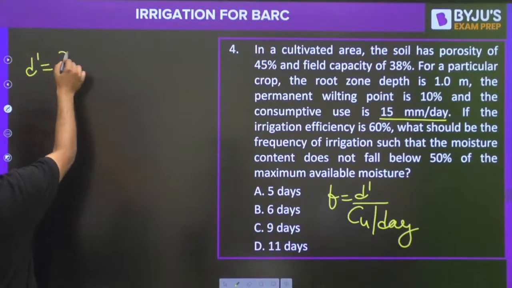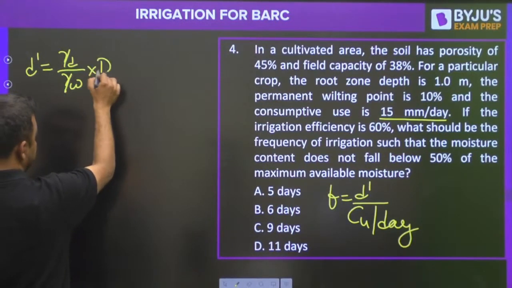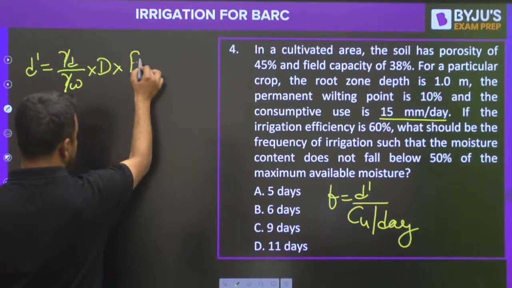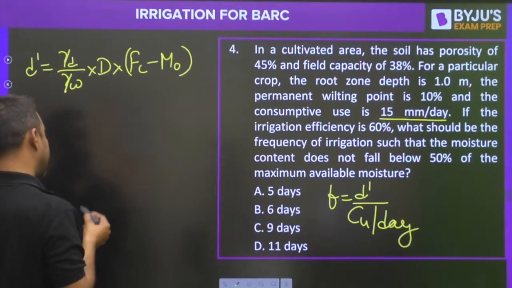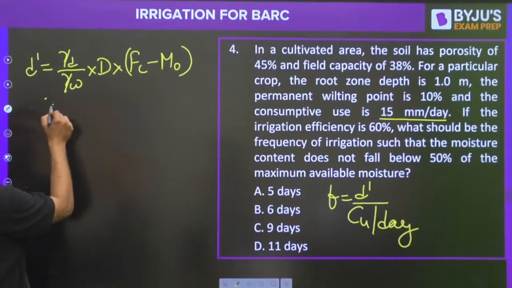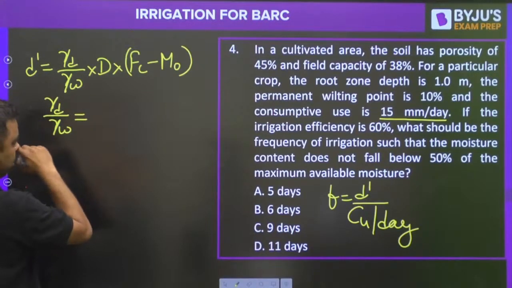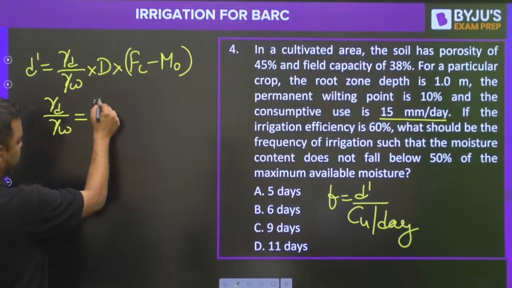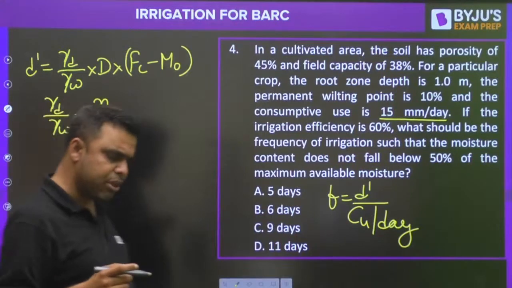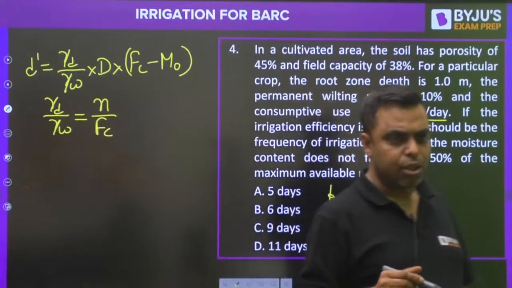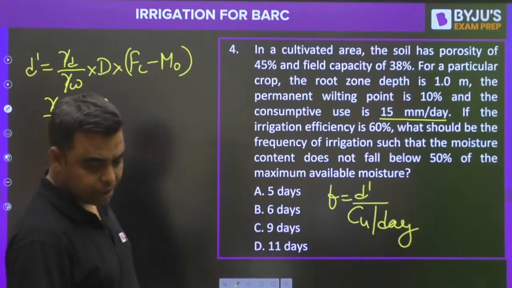Now D dash is gamma d by gamma w into capital D into FC minus M naught. But we also know that gamma d by gamma w is equal to n by FC, provided that the degree of saturation is 100%.